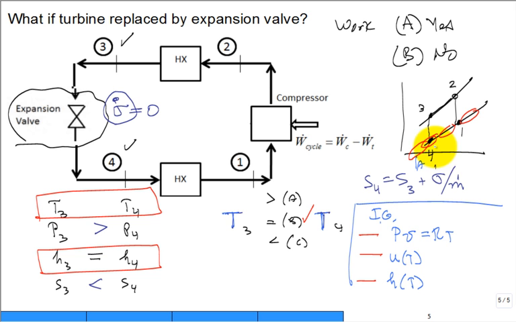Answer A, B, C, or D? On a TS diagram. Yes, this is a T temperature entropy diagram. Where is the new state 4 when I put an expansion valve in?